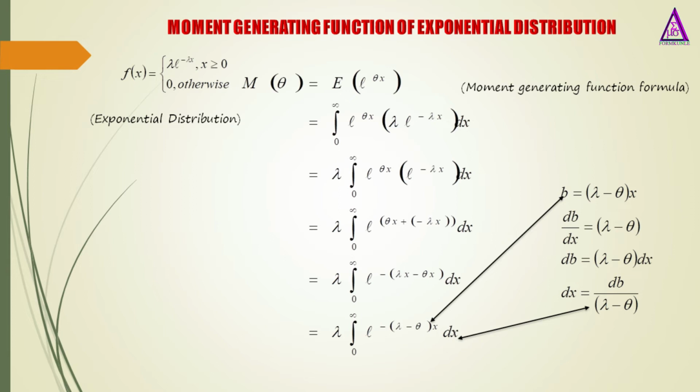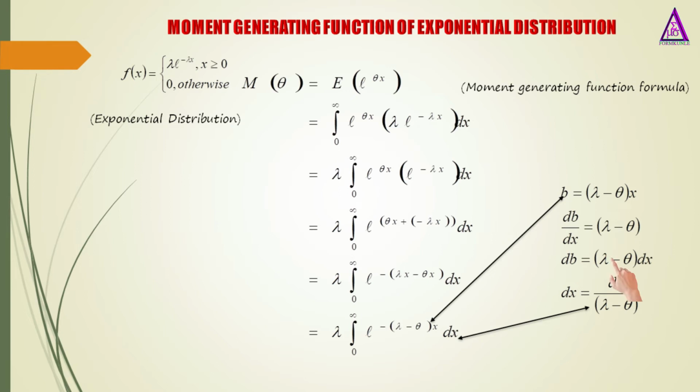In the last equation, we represent the bracket lambda minus theta x by b, and we differentiate b with respect to x, and we have lambda minus theta. We want to make dx the subject of the formula, and that's the reason why we have equation 3 here.